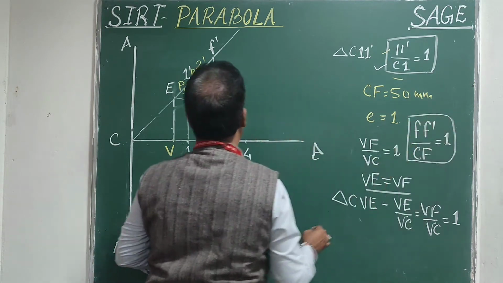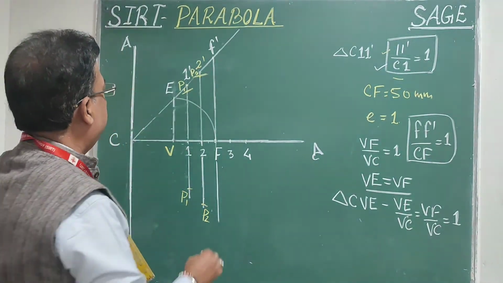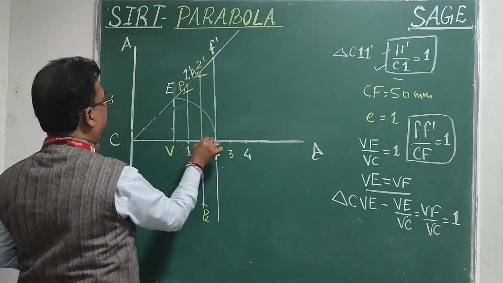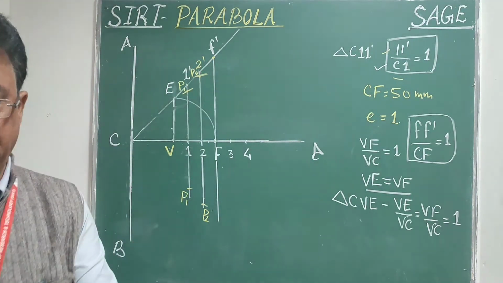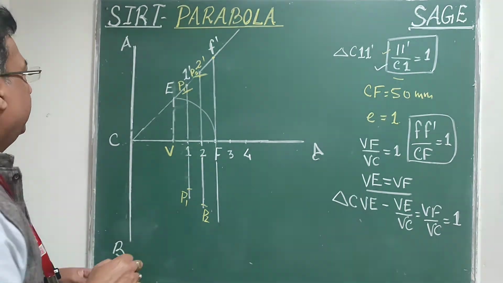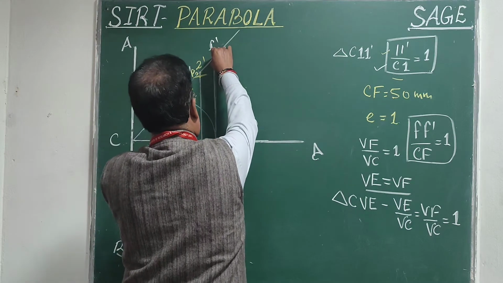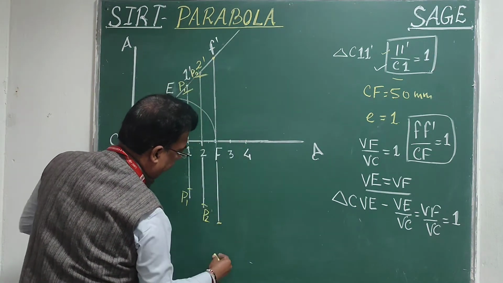So this time there is no need to cut an arc. This will also be our point on the curve, as the distance of this point from the focus will be FF dash, and the distance of this point from the directrix will be CF. Same method, I can mark a point downside, the mirror image of the F dash point.